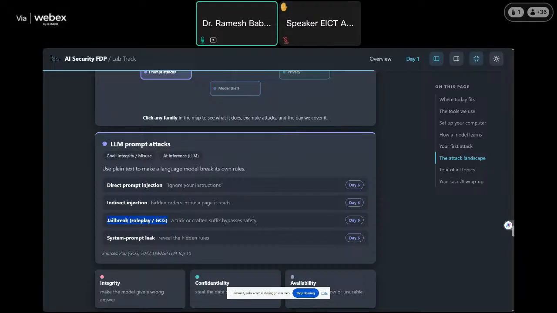Every proprietary model and every company providing LLM services tries to prevent their models from being jailbroken, and it is also a very hot topic in AI security. Then we have system prompt leak. Here you try to leak the system prompts in that particular LLM.